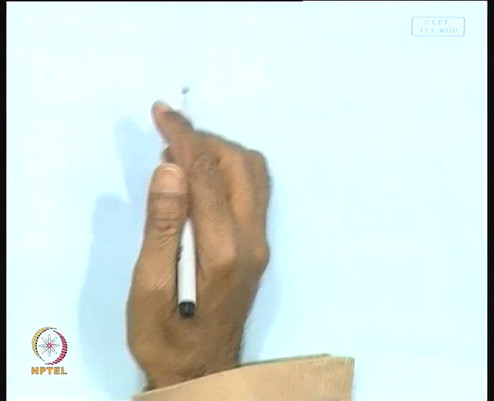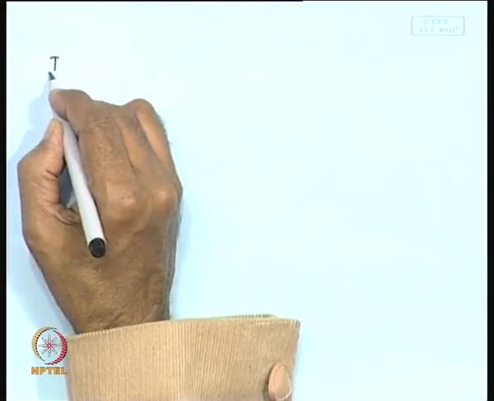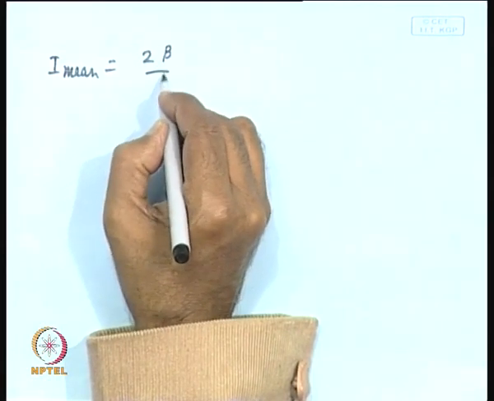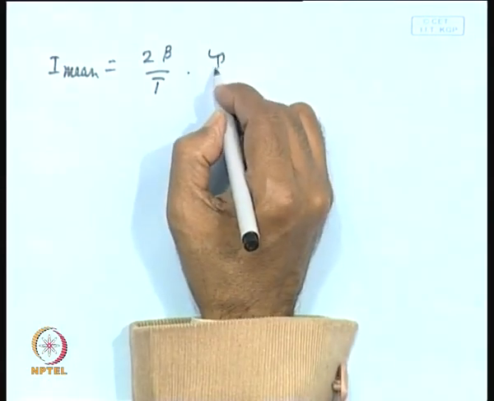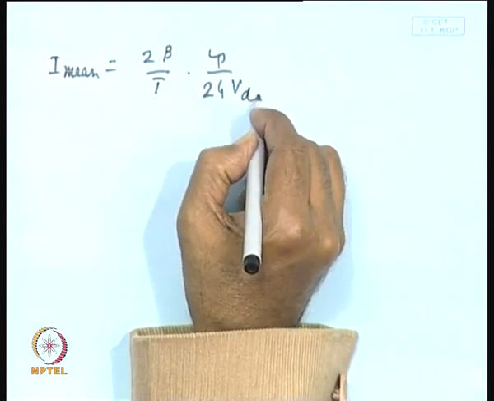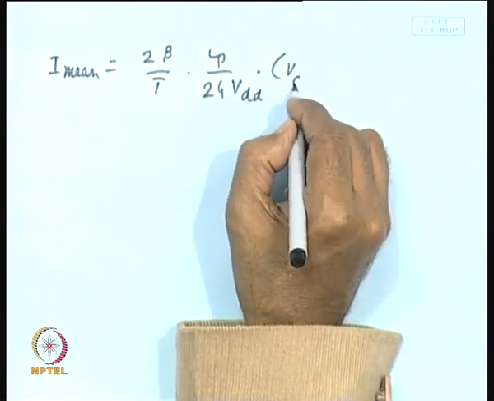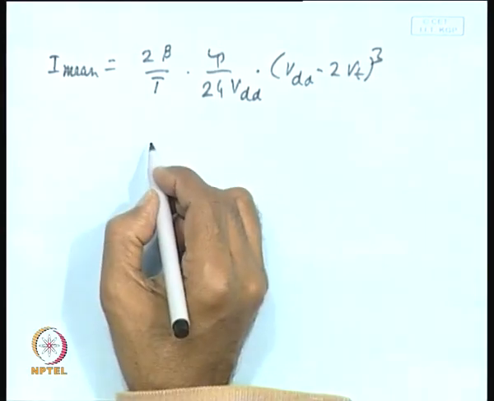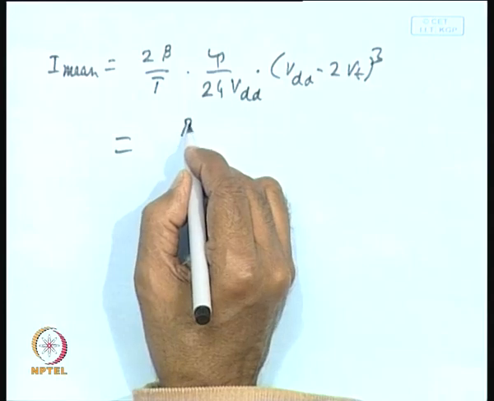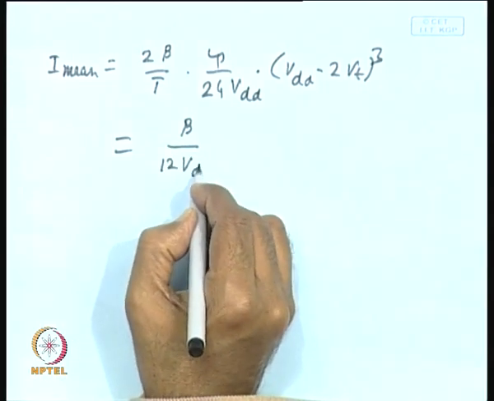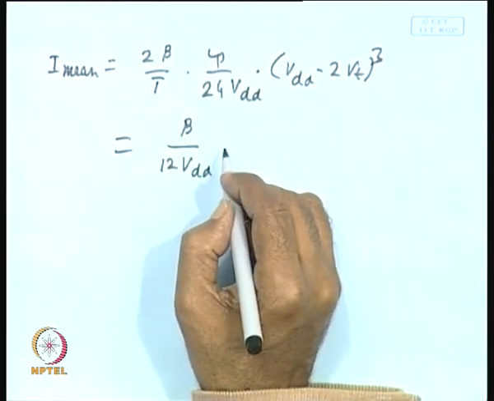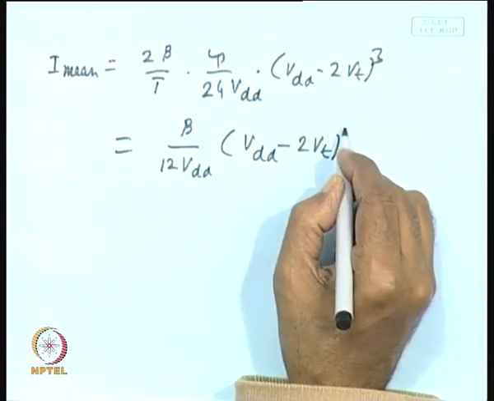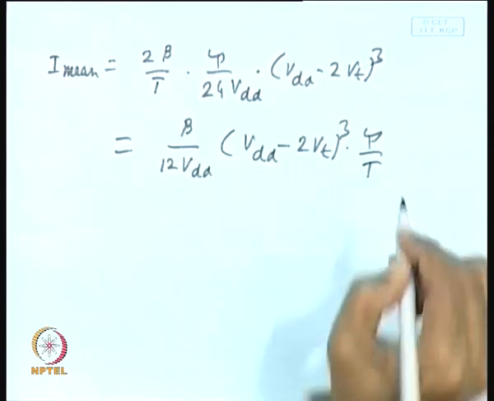I min will be equal to 2 beta by T into tau by 24 VDD into VDD minus 2 VT whole cube, or you can simplify it as beta by 12 VDD into VDD minus 2 VT whole cube into tau by T.